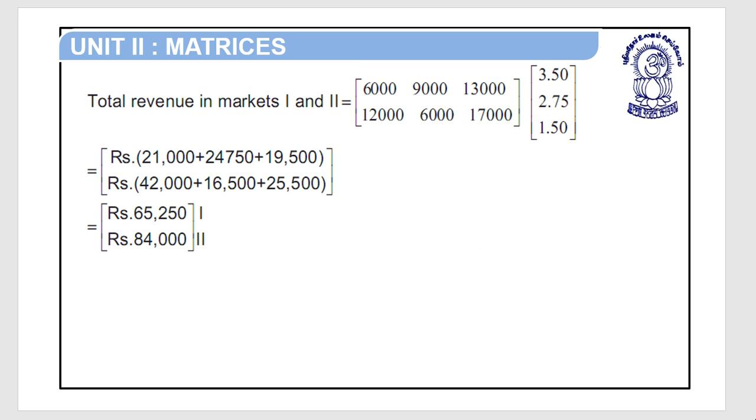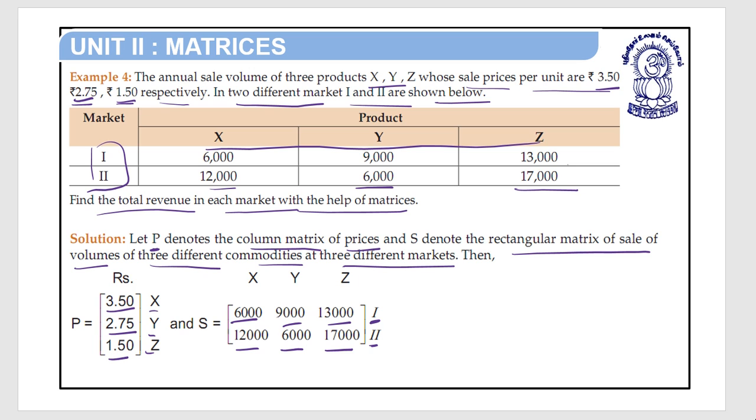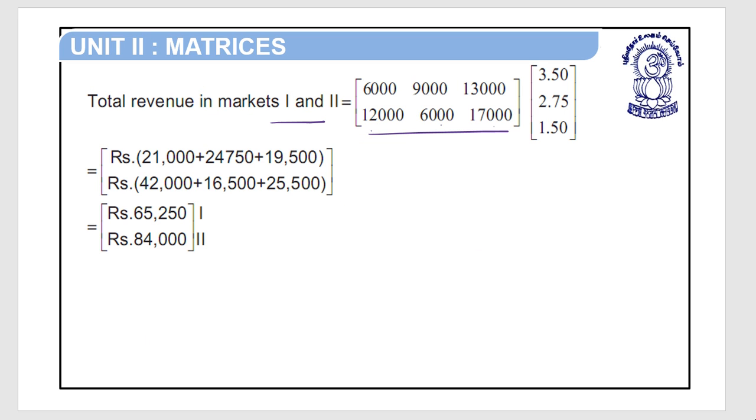Now the total revenue in market 1 and 2. So 6,000, 9,000, 13,000, 12,000, 6,000 and 17,000, markets 1 and 2, multiply with prices. So S multiply with P. S multiply with P. So 6,000, 9,000 and 13,000.